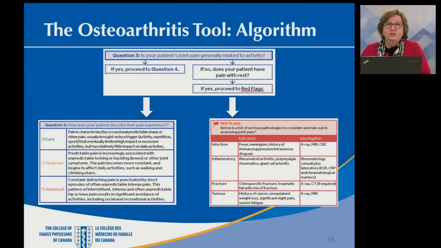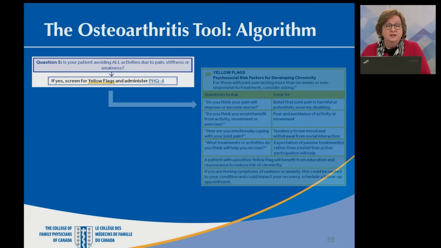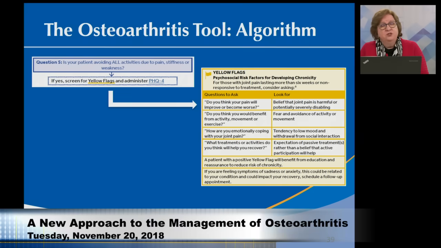So if your patient has pain at rest, doesn't mean they have a red flag, but I want you to think about it. If in fact their pain is related to activity, go ahead and stage. Question 5, is your patient avoiding all activities due to pain, stiffness, or weakness? In this question, I'm looking at either that patient has an advanced osteoarthritis presentation or perhaps a chronic pain syndrome.